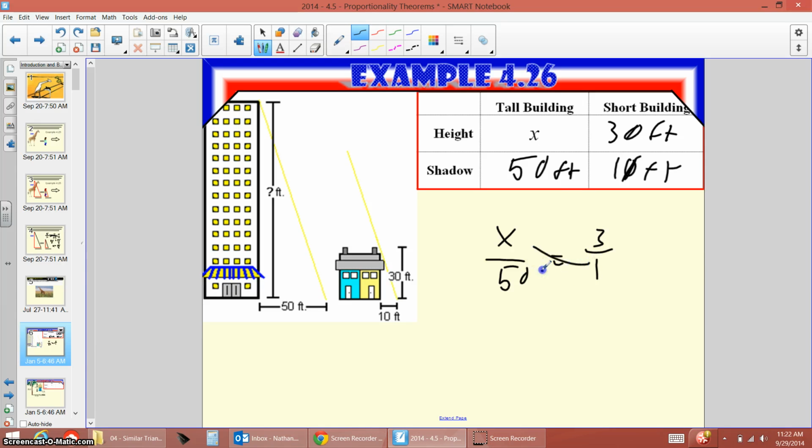So then I cross multiply, and I end up with x is equal to 150 feet. Check that out. That was it. I set up my ratios, set them equal to each other. I recognize these are fractions, and I cross multiply, and I'm done.